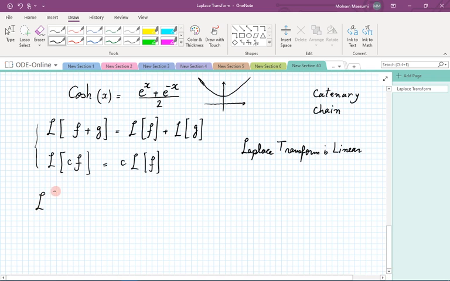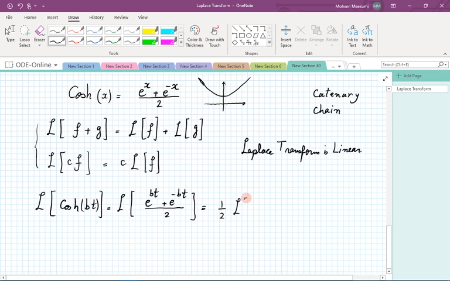Suppose I want to take the Laplace transform of cosine hyperbolic of, let's call it, bt. Well, cosine hyperbolic itself was an exponential plus another exponential, divided by 2. According to linearity, I can break my job into taking 1/2 of the Laplace transform of the first one plus the Laplace transform of the other one, piece by piece.